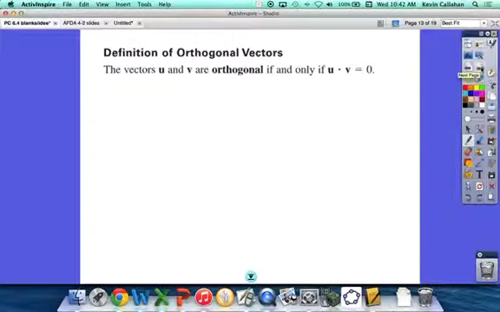Now, we actually have a different word for that when it's vectors. With straight lines, we call that being perpendicular. With vectors, you call it being orthogonal. Orthogonal means they meet at 90 degrees.